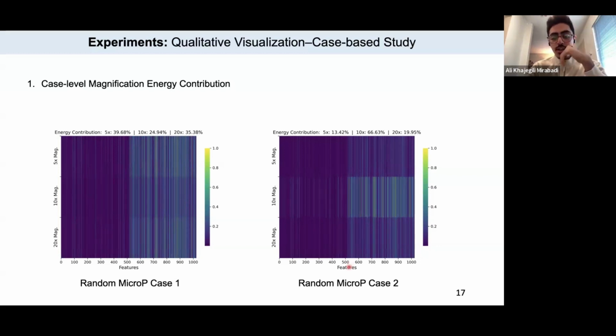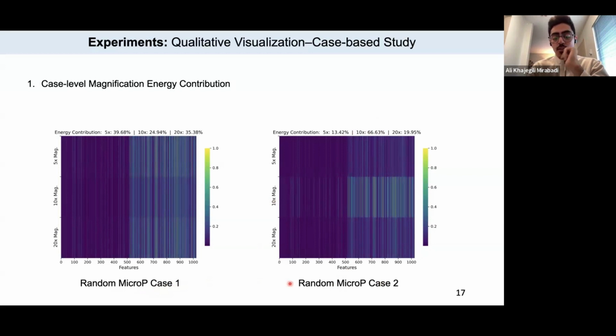Or for the other case, the model is picking only 10x for diagnosing. Around 67% of its energy has been allocated to 10x magnification. And this is basically showing that the model is picking the information case by case.